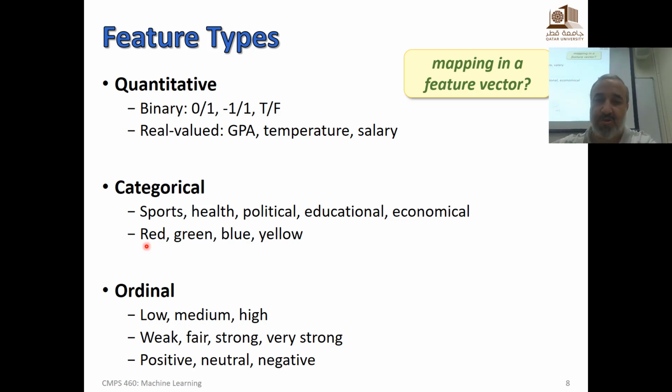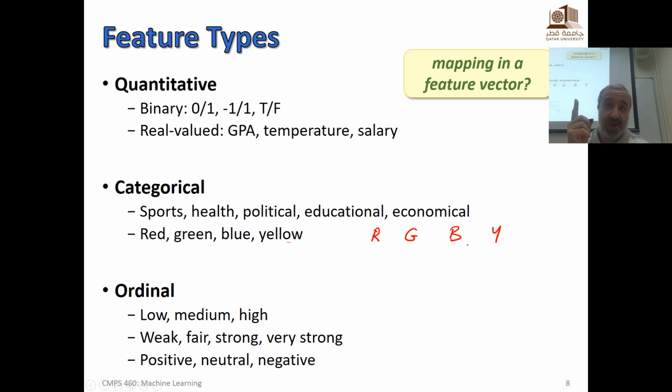Here's the solution. In this case, how many feature values do we have here? 4. So I will convert this feature to 4 features. One feature will be called red, another green, third blue, and fourth yellow.